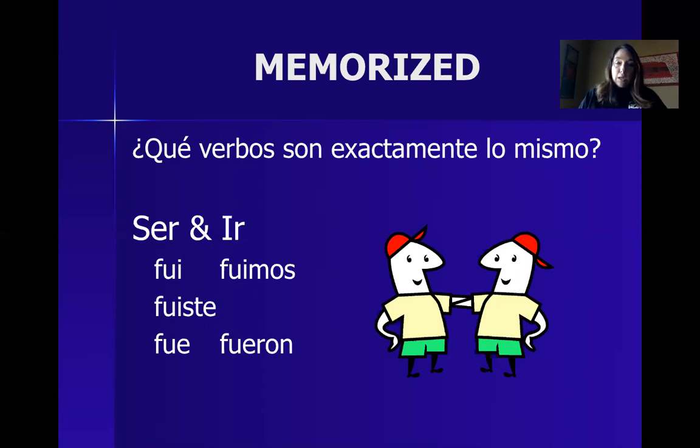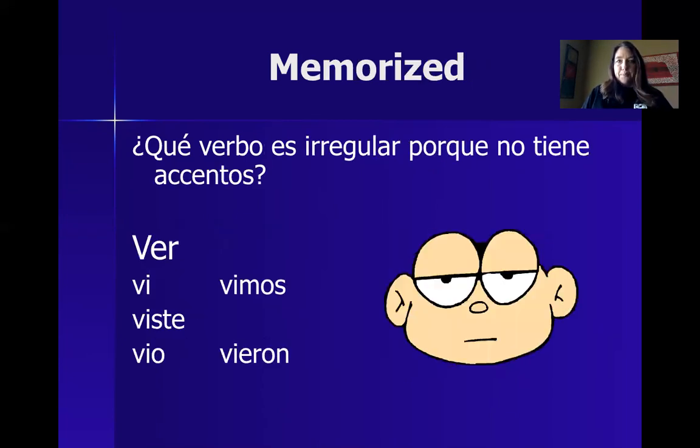Same thing if I was doing ir, which means to go. So if I wanted to say I went in English, I would say fui. You went, fuiste. He or she or you formal went, fue. We went, fuimos. And they or all y'all went, fueron. Okay. So I call these the twin verbs. Just have to memorize them.